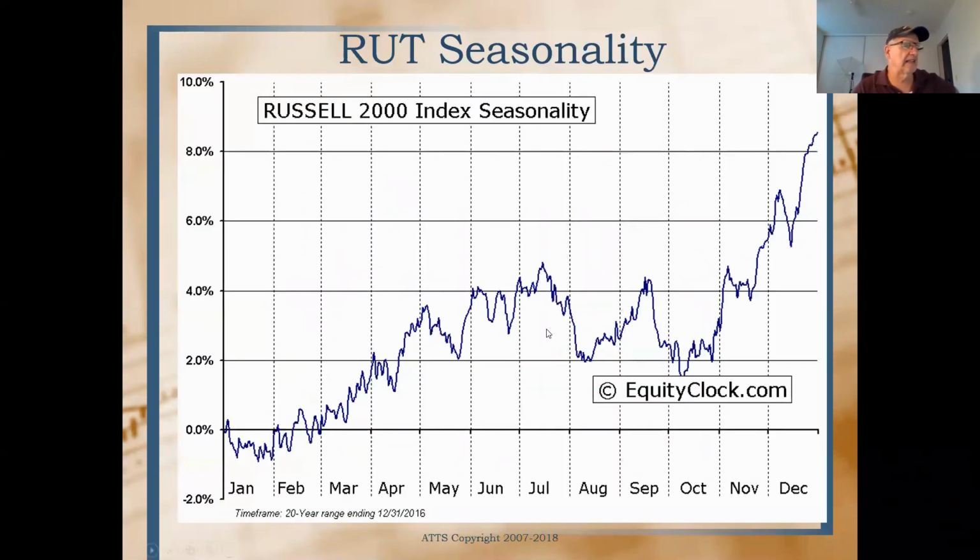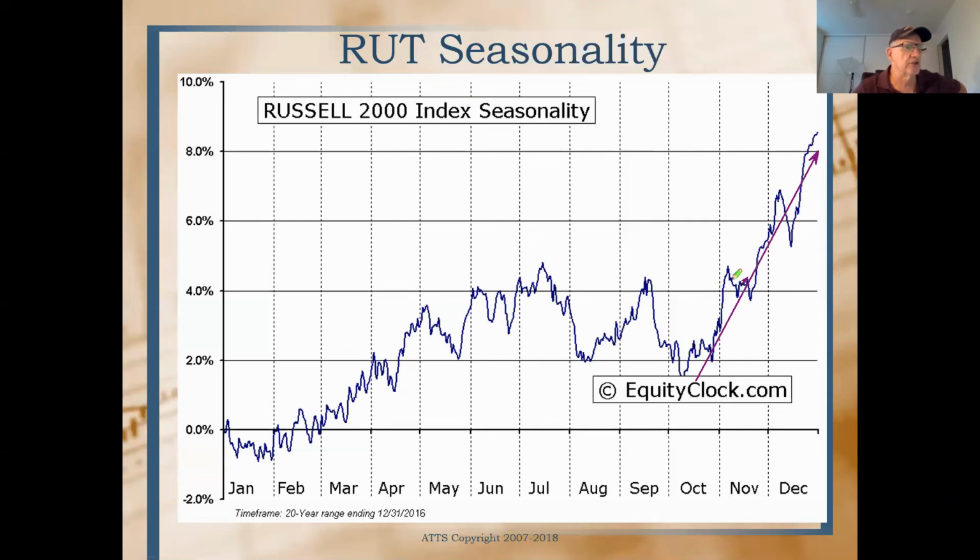The other thing I just want to start moving onto folks' radar is what Russell seems to do on a seasonal basis. And this is the run that I've been talking about, the run that happens from sometime in October through the end of the year. Russell tends to go on a larger run than the other stock indexes.